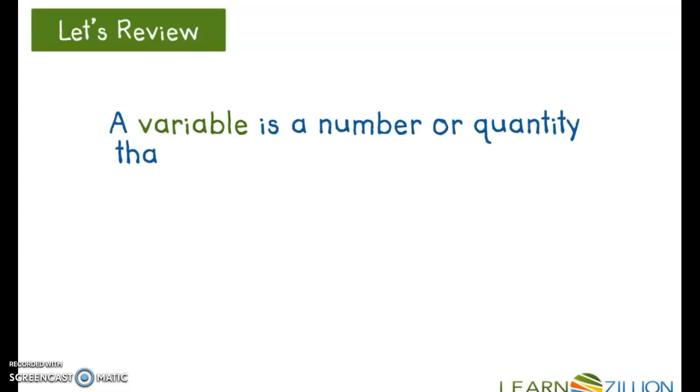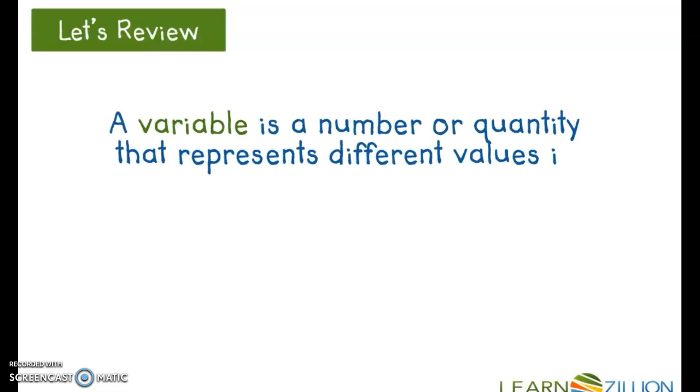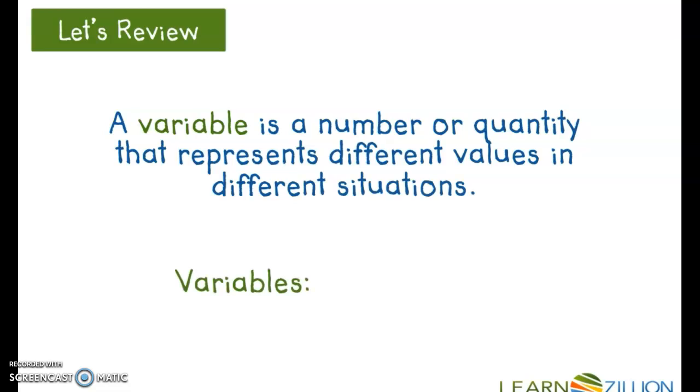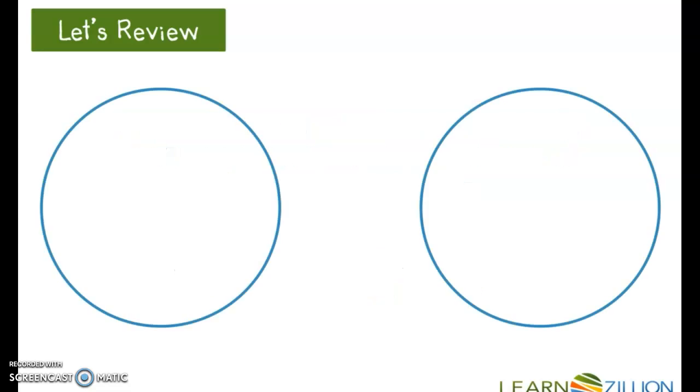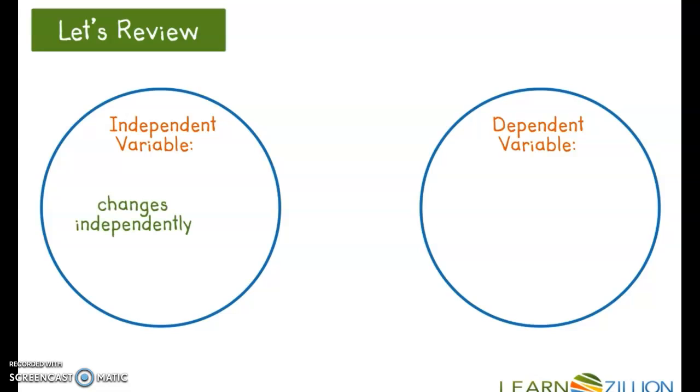Let's review. A variable is a number or quantity that represents different values in different situations. Examples of variables are symbols like stars or letters like Y. Let's look at the two different types of variables, an independent variable and a dependent variable. An independent variable will change by taking on different values.